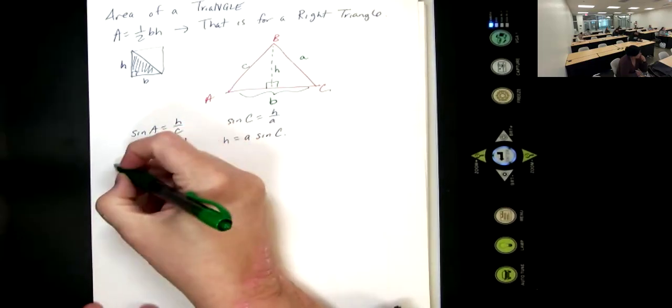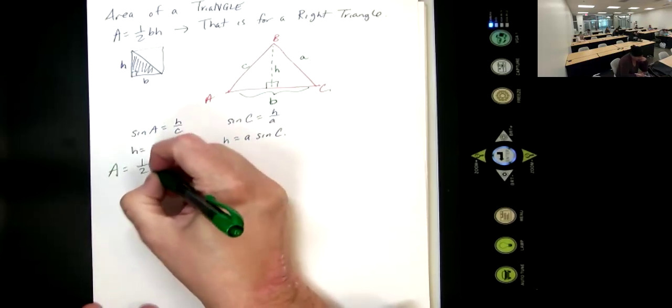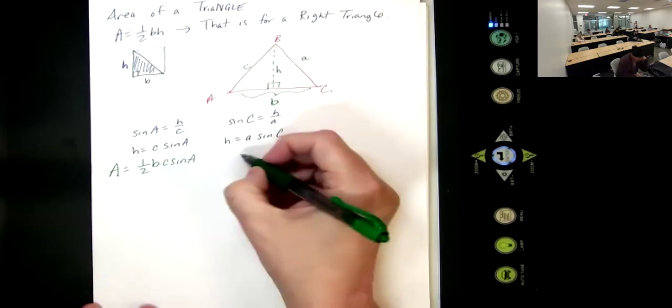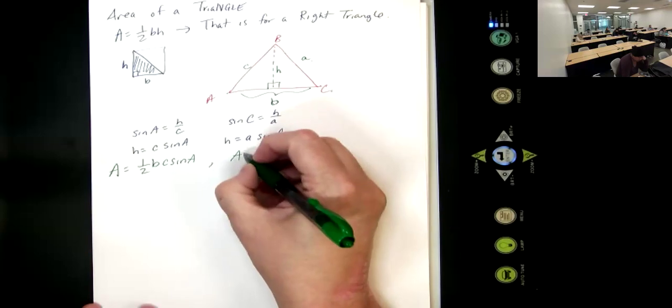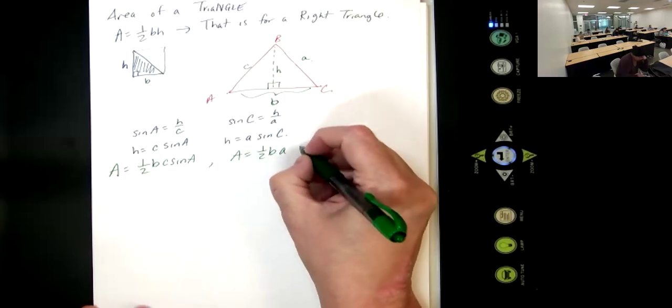So we can have area equals 1/2 B times C sine A, or we can have area equal 1/2 B times A sine C.